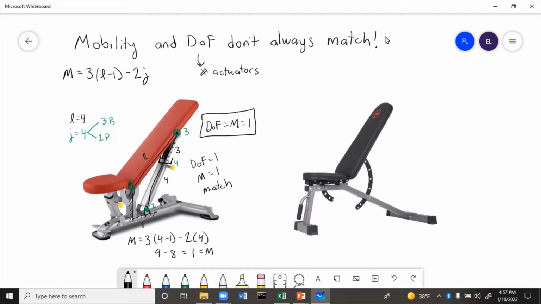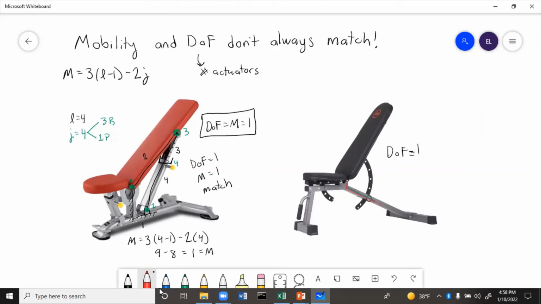Now looking at the other weight bench, this should also have 1 degree of freedom because you pull out the pin that's right here, and then you can adjust the angle of the back of the seat. So here, degrees of freedom equals 1. Let's draw the kinematic diagram for this. We'll have the frame, it's kind of hard to see.